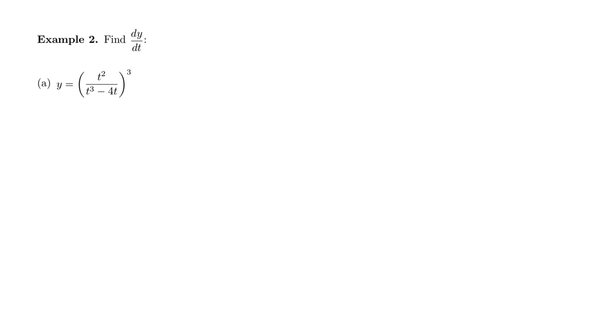All right, so now we want to find the rate of change of y with respect to t. So dy dt. And this example is actually going to show how the chain rule can be used to simplify the procedure of taking the derivative. So what I want to do here is actually just set u to be this inner function here. So notice that y really is like the composition of this inside function, t squared over t cubed minus 4t, and the outer function, which is raising to the third power.